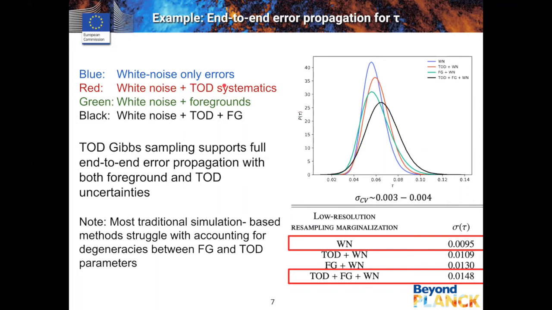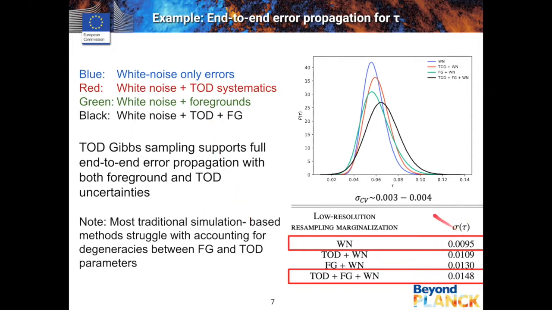Blue is just white noise, red and green are marginalization over only TOD uncertainties or foreground uncertainties, and the black line is what we quote as the posterior distribution for tau, therefore the marginalization over all the instrumental uncertainties.